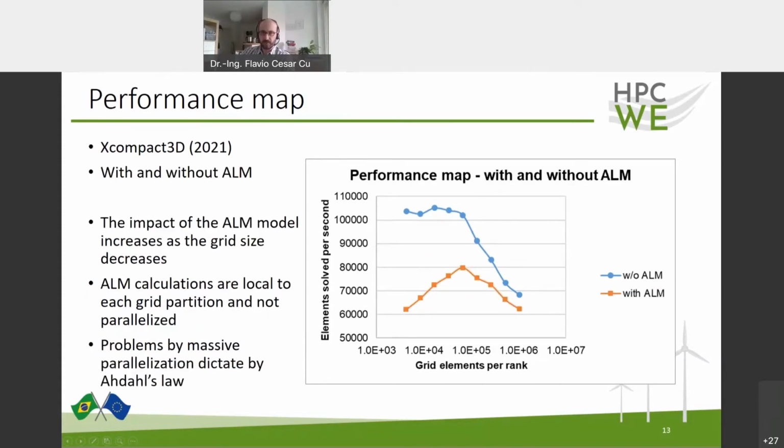Here is the comparison, the blue line without wind turbine and the orange line with turbine modeling. And we see a great impact, mainly when we have fewer elements. And the reason for that is that the actuator line model calculations are local to each grid partition and they are not parallelized, which causes problems in the massive parallelization, which is dictated by Amdahl's law.